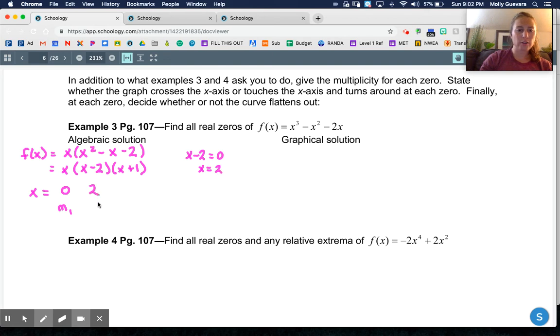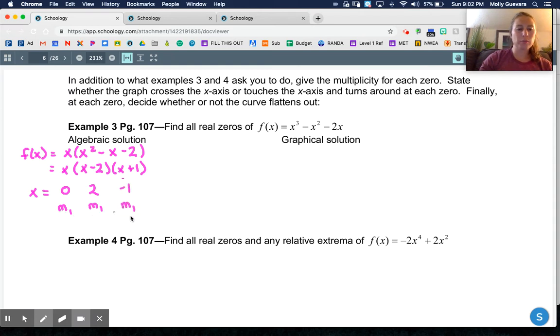So I have a 0 at 2, and again, my multiplicity is 1. And then same thing for this last one. If I set x plus 1 equal to 0 and solve, I get x equals negative 1. And the multiplicity here is 1 because there is no exponent, right? If nothing's written, it's a 1.